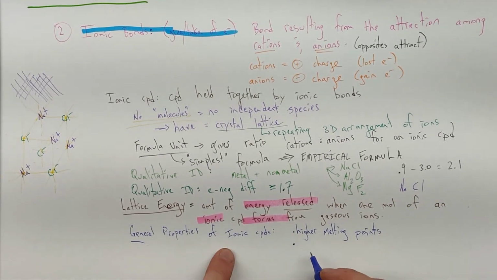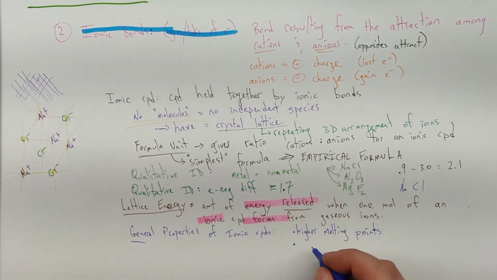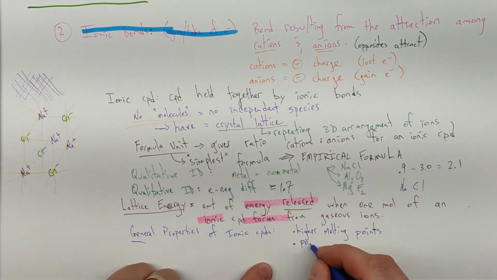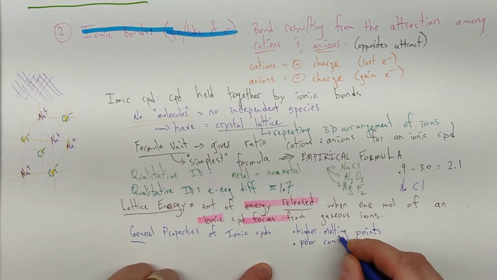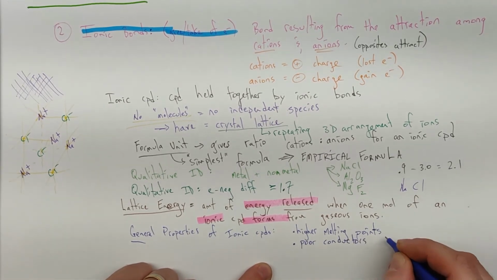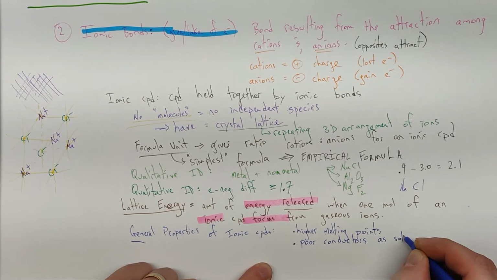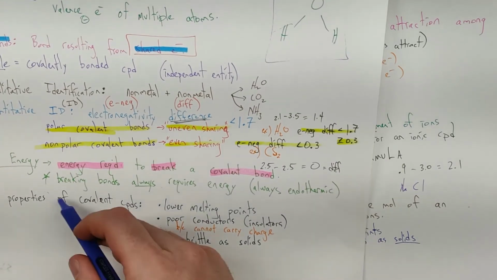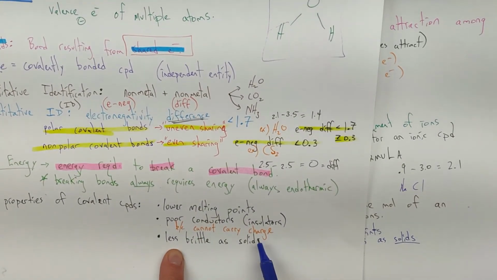So ionic compounds as solids don't conduct. So I'm going to put, they are poor conductors as solids. All right. And if we talked about what we were saying for our covalent bonds, we said that our covalent compounds can't carry a charge.